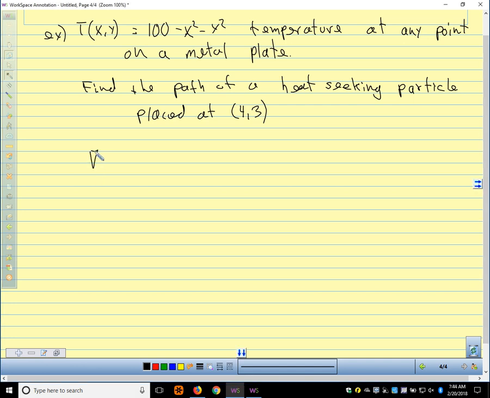Del T points in the direction of maximum increase of T. So at any point, this particle is going to move in the direction of del T. So let's calculate our gradient. Del T is minus 2x i hat minus 4y j hat.